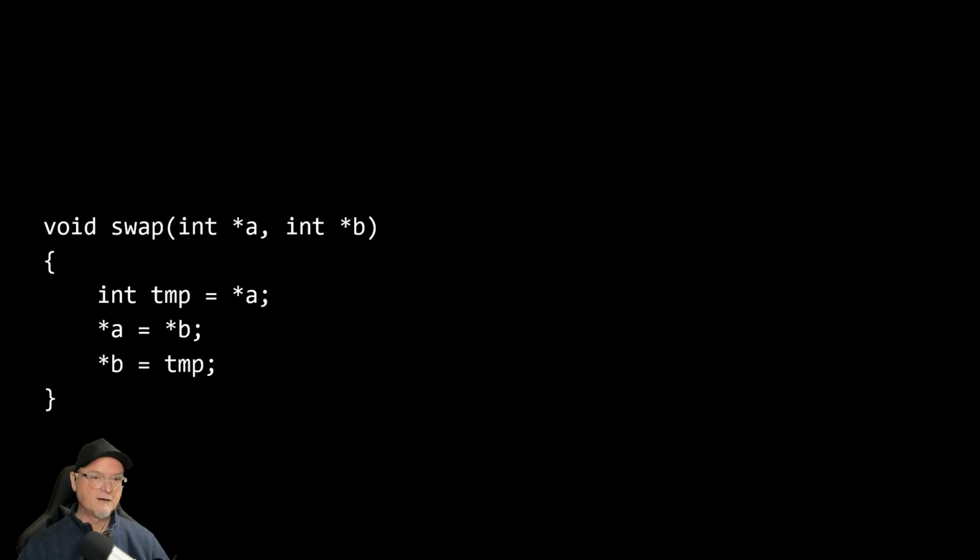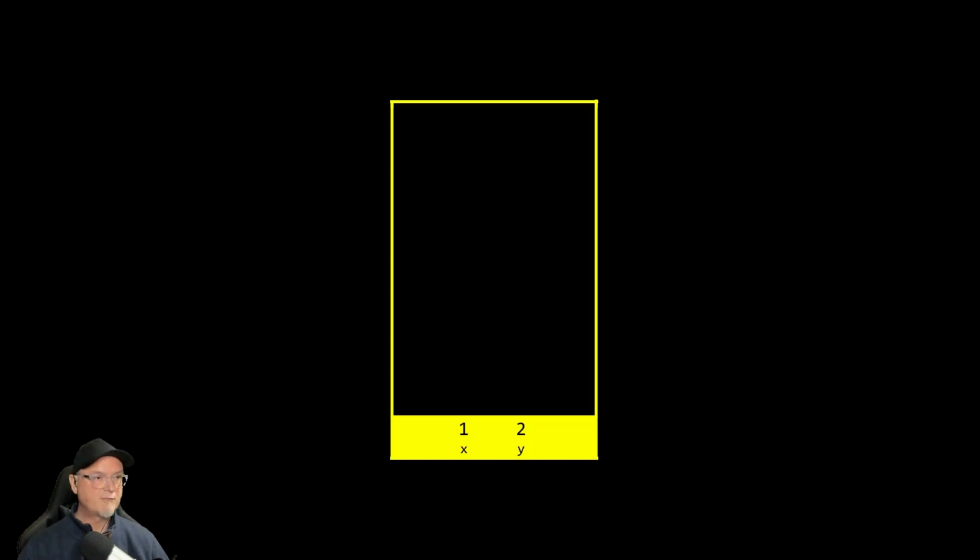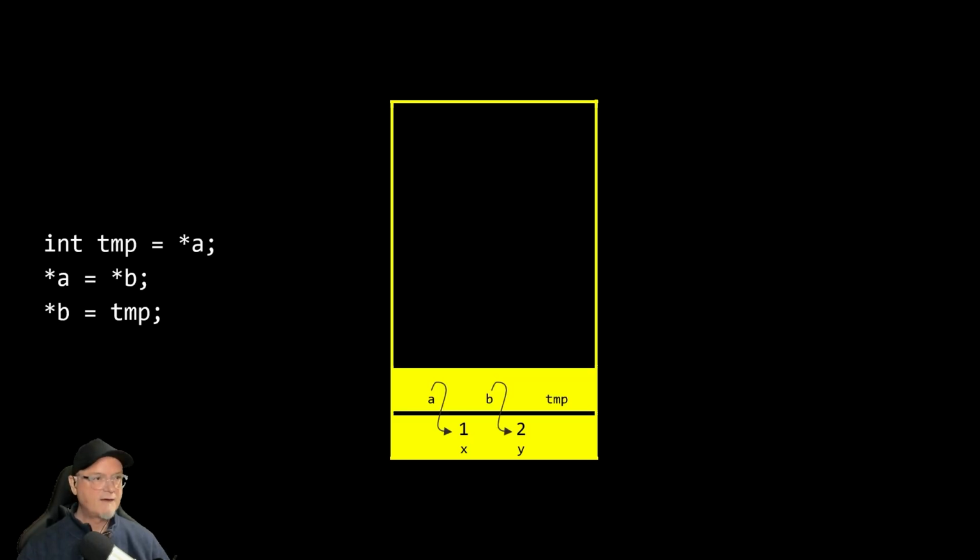So here, if we go through this function swap, same way we did last time, got our variables like before, but here we're passing by reference, and if we step through our value like before, when we set temp equal to the value that's at the address of A, temp becomes 1.